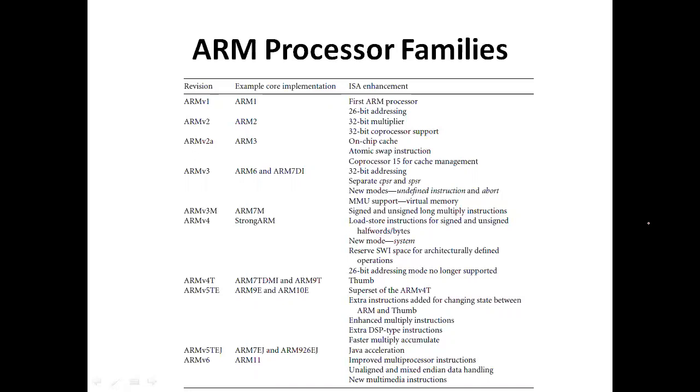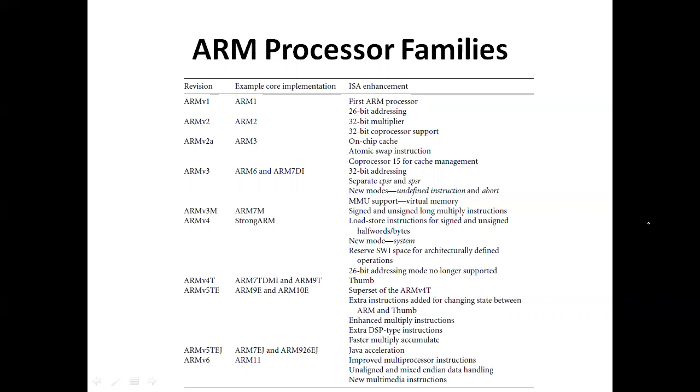There are different types of load store instructions: some transfer 32-bit data, some 16-bit, some 8-bit. From ARM version 4 onwards, especially in StrongARM, half word and byte load store instructions are provided. A new mode was introduced, system mode, along with reserved SWI space for architecturally defined operations.